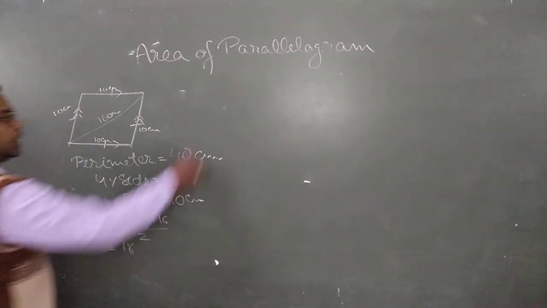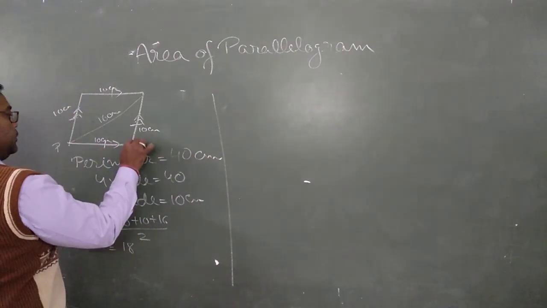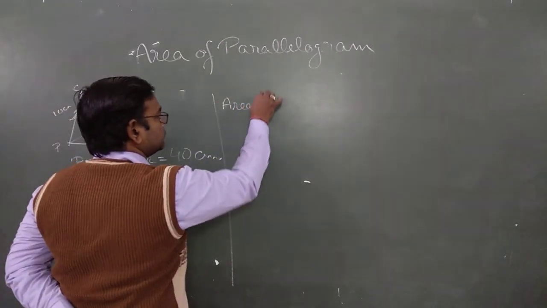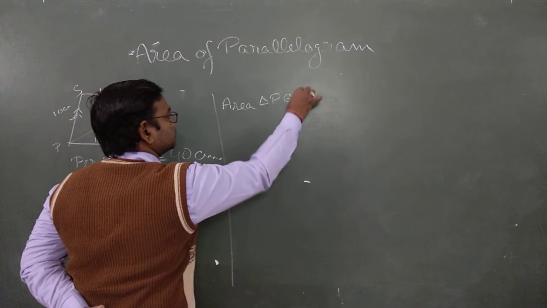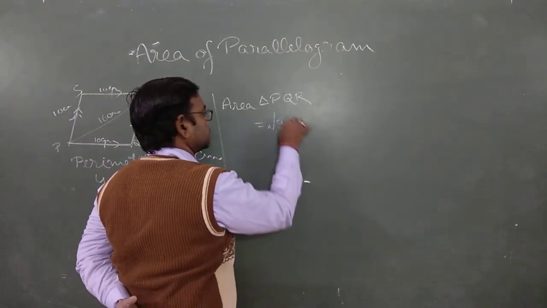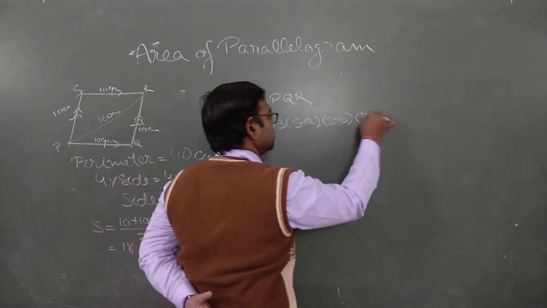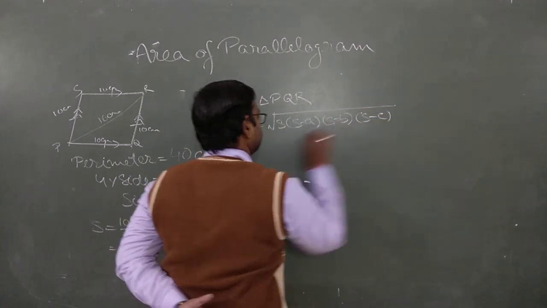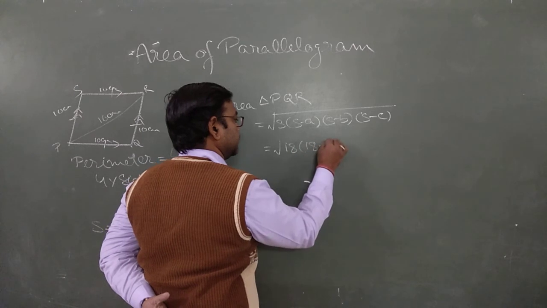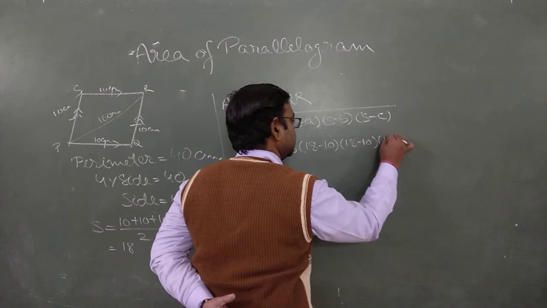So area of triangle, give the name PQRS. As we know, under root S into S minus A, S minus B, S minus C, this is the area, and this is your S, 18. What is the side? 18 minus 10, 18 minus 10, and one is 18 minus 16.